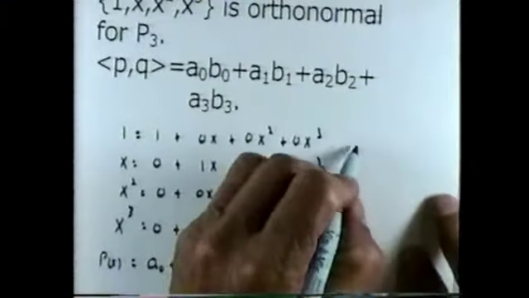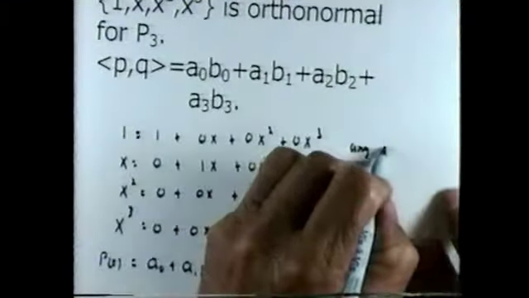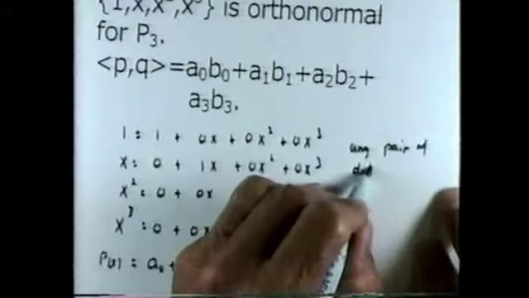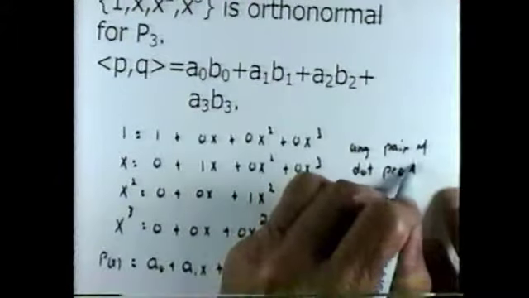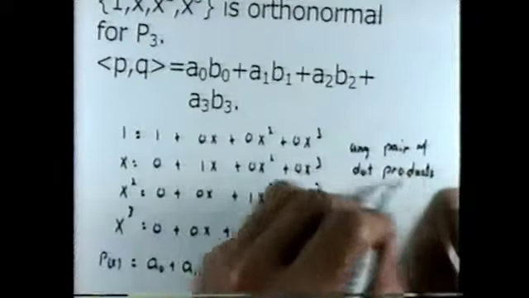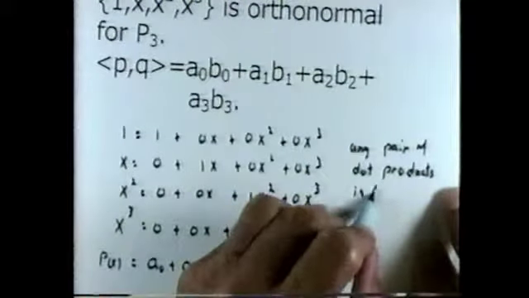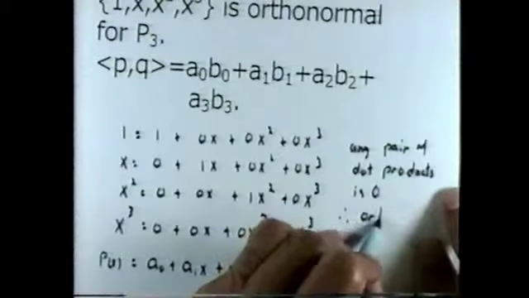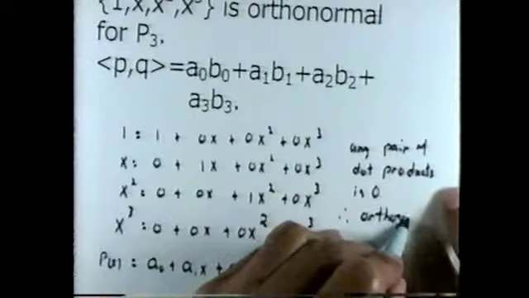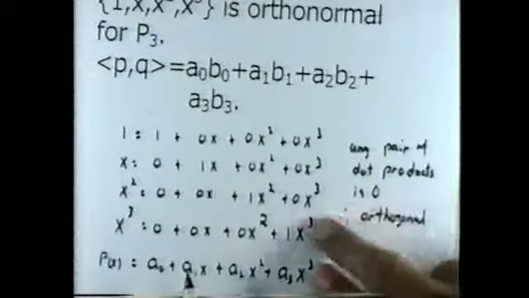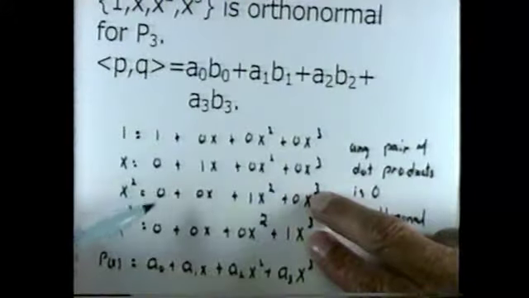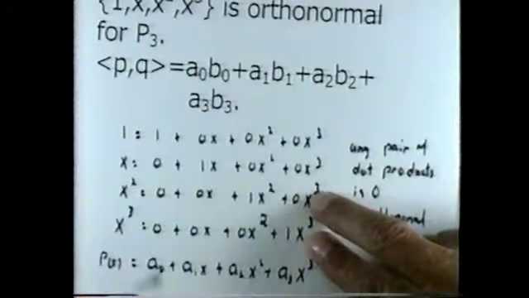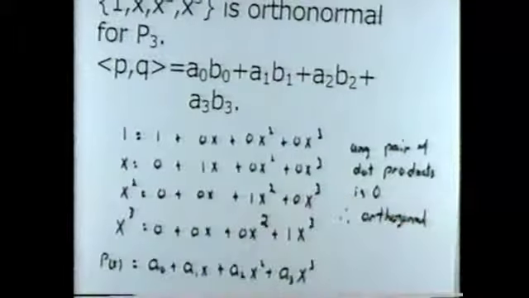So I can say that any pair of dot products is 0, and therefore orthogonal. Again, if you take these two, 0 times 0 is 0 plus 0 plus 0 plus 0. So in all cases, using this inner product, we'll get 0.